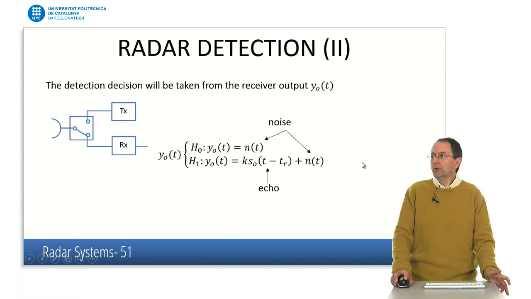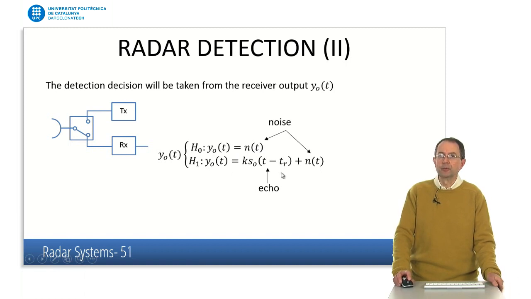Now, how is the radar going to take the decision? Well, the radar has no crystal ball. The only thing we can observe is the signal at the end of the receiver, the echo signal. So in hypothesis H0, we don't have a target, so we will have only noise at the receiver output. When we have a target, superimposed on the noise we have an echo signal.